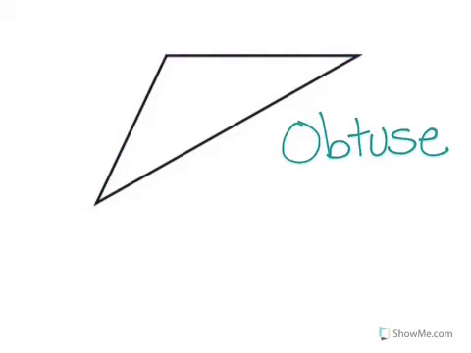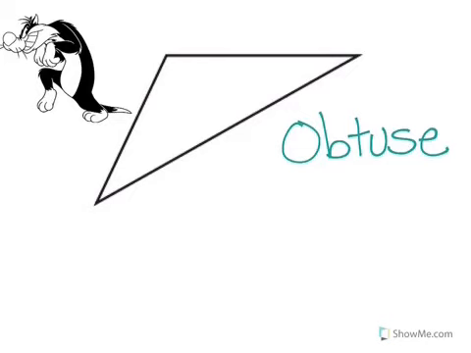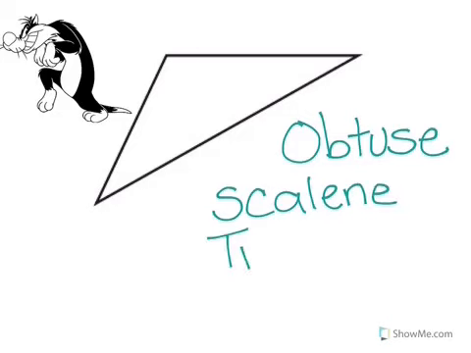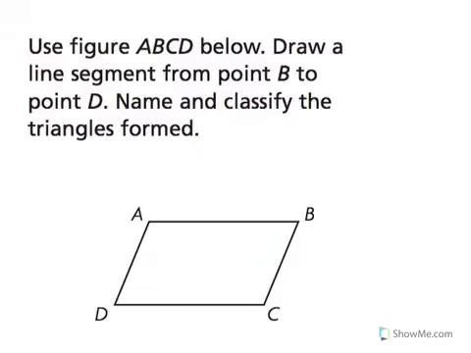Each side looks to be a different length. Seems pretty sneaky to me. So this must be a scalene. So this would be an obtuse scalene triangle. Sneaky scalene. Watch out for those.